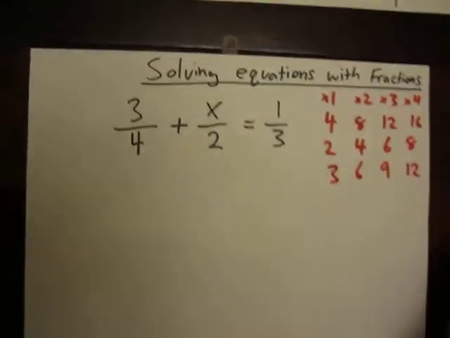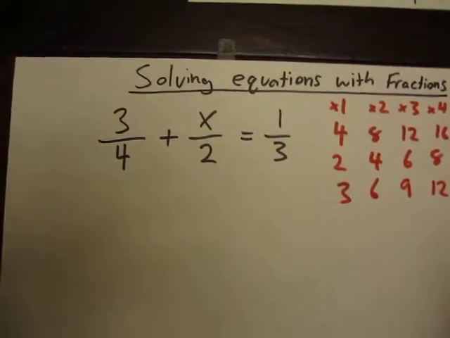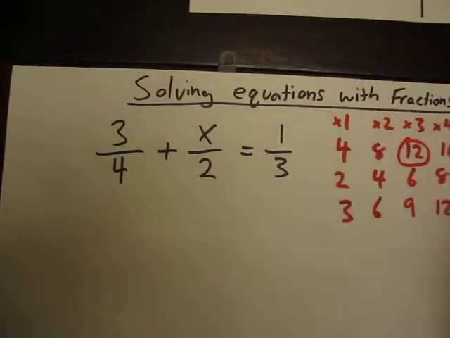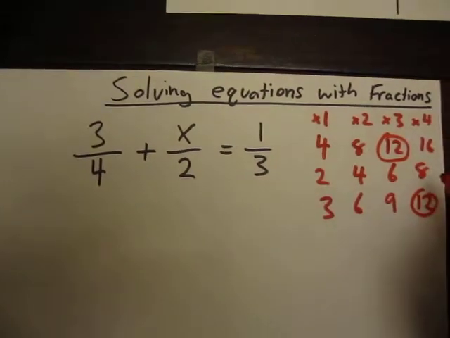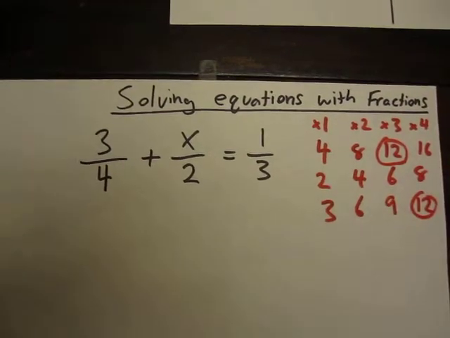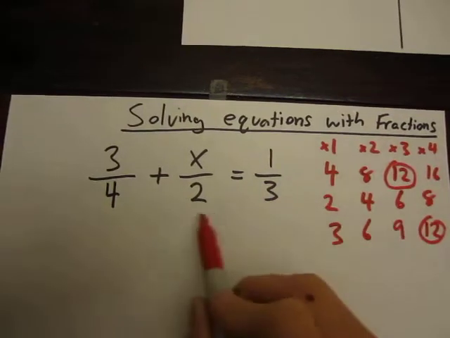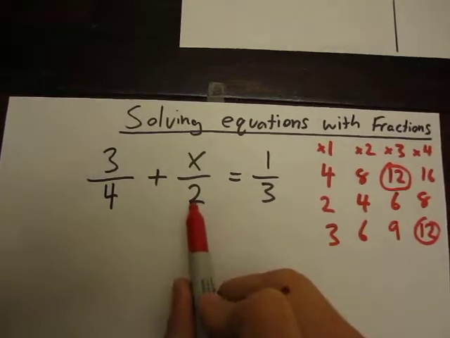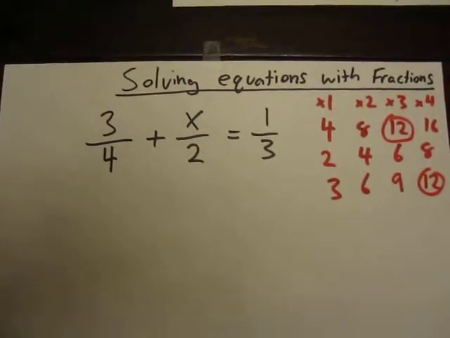What you're going to notice is that the first number we get to is going to actually be 12. We don't have it on the 2 because I ran out of space here, but you can see 6, 8, 10, 12. So you would also have the multiple of 12. And you can think about it, 2 times 6 equals 12.